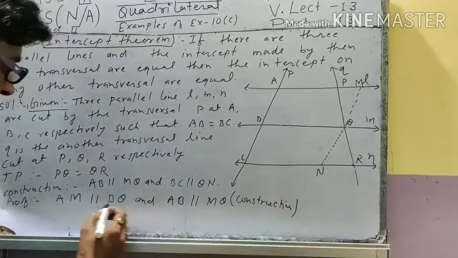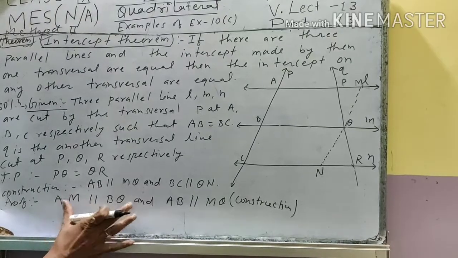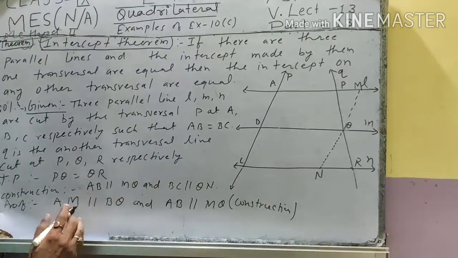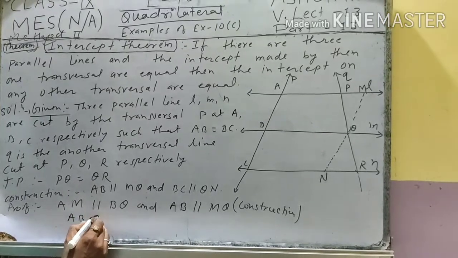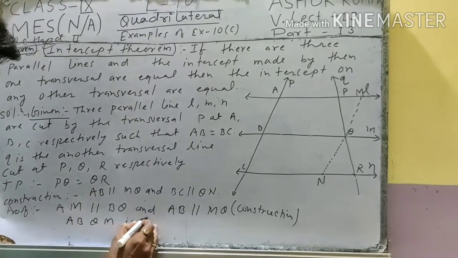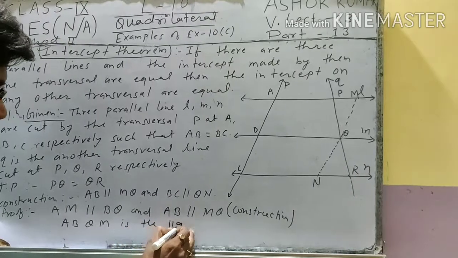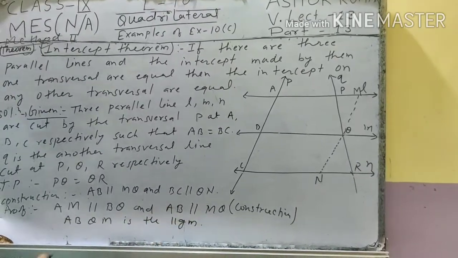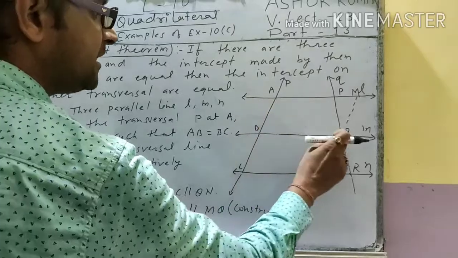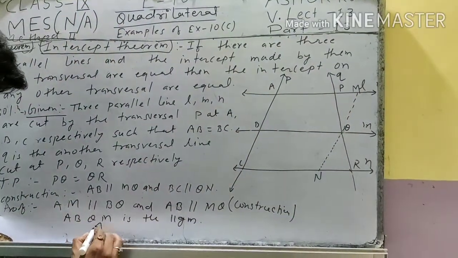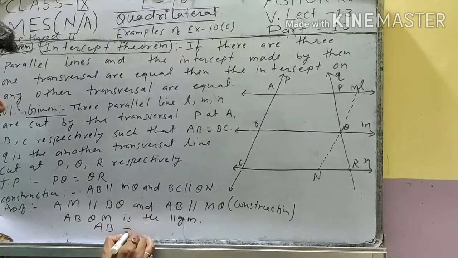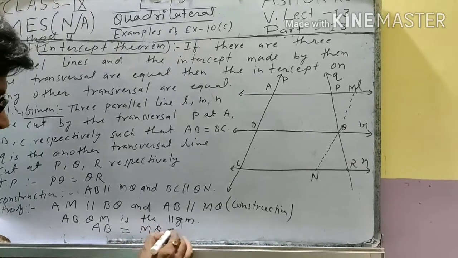This information is given, and this information is by construction. So we can say here ABQM is a parallelogram. So we can write here AB is equal to MQ.